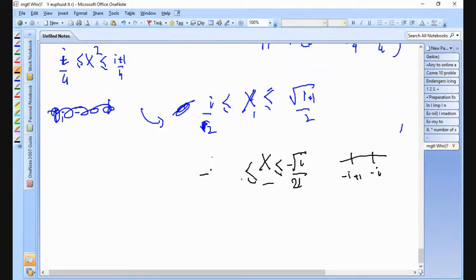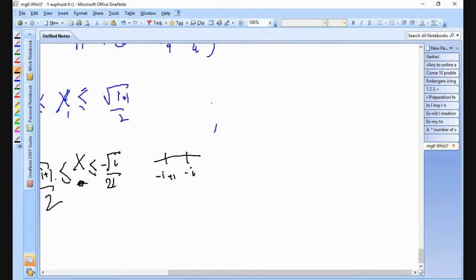And here it is greater than minus root I plus 1 by 2. Okay? These are the two places and it's uniform, right? So the probability will add up. This probability will turn out to be root I plus 1 minus root I by 2, and the other probability will turn out to be the same, because it's symmetric.